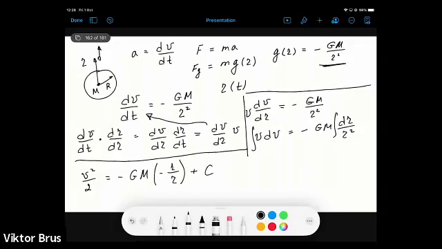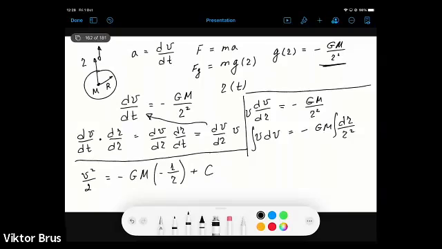So which boundary condition would be convenient to apply here? Any ideas? What do we know initially? The initial conditions are the same as for the previous case.